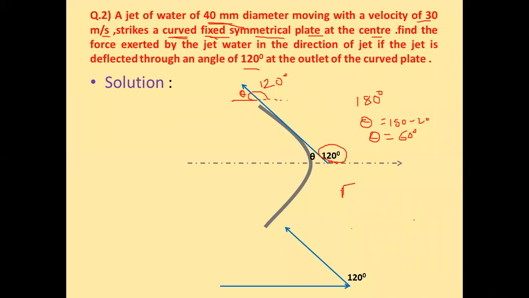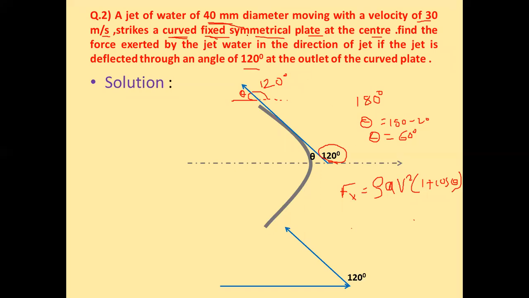Now we know the formula, Fx is equal to rho a v square into (1 plus cos theta). This is the formula for impact of jet on a curved plate when the jet is striking at the center. Now, rho is nothing but the density of water, 1000 kg per meter cube.